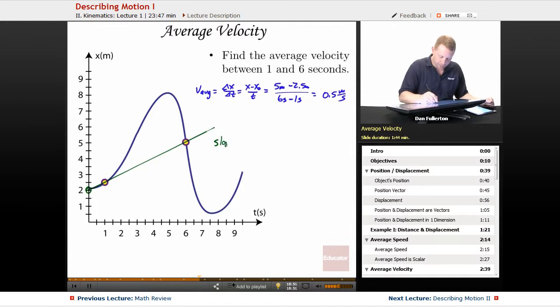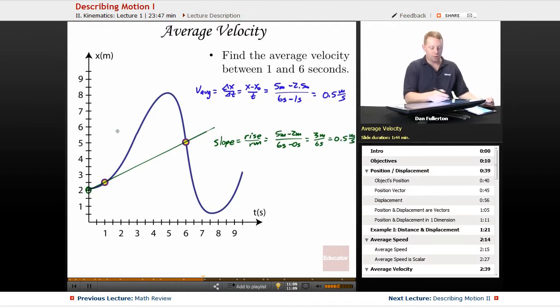So our slope is rise over run, which is 5 meters minus 2 meters over 6 seconds minus 0 seconds, or 3 meters over 6 seconds, which is 0.5 meters per second. The slope of the position-time graph gave us the same thing as velocity. It does give you the velocity.